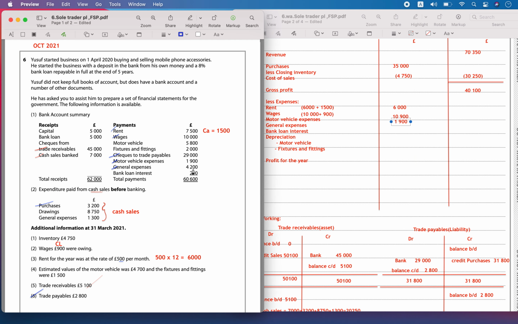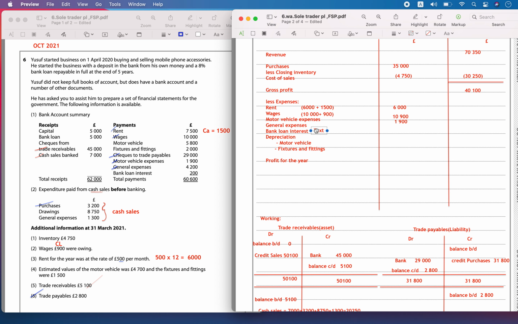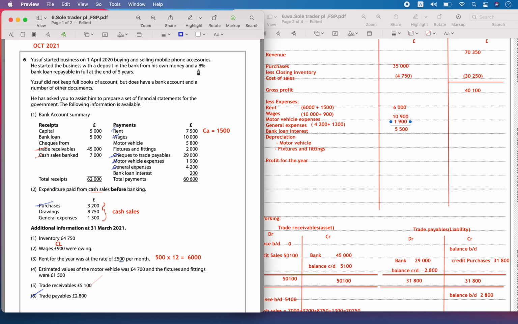General expenses were 4,200, and then some more information is given, 1,300 was also paid. And there is no adjustments here, so we will include the total, so that is equal to 4,200 plus 1,300 that was paid, so that is equal to 5,500.